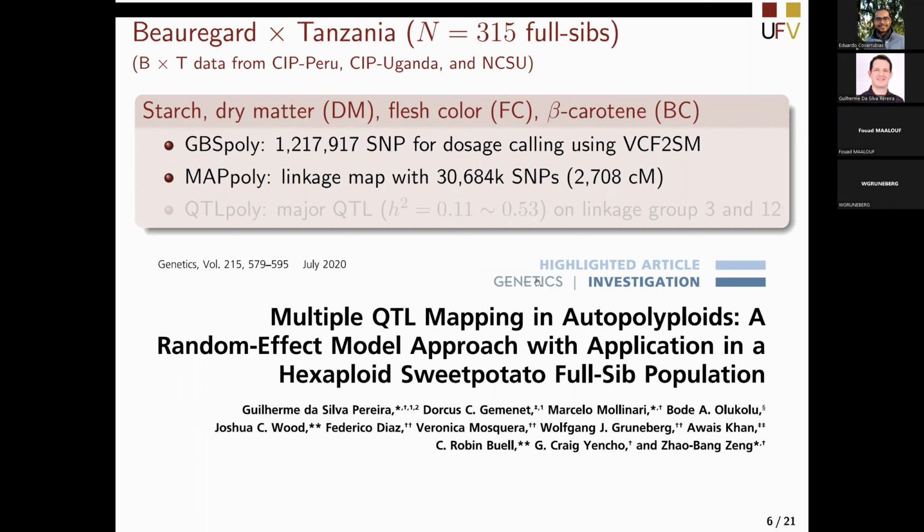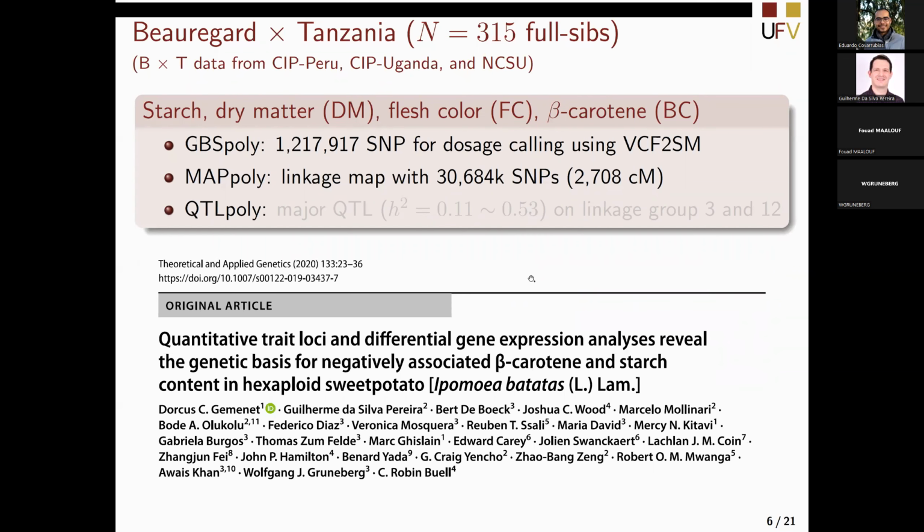So we used random effects and started using it for quantitative and more qualitative traits. This is just an example of the study of the genetic basis of negatively associated beta carotene and starch, right? Which is actually something that sweet potato breeders are interested in, of course, and they have been dealing with these negative associations for quite some time.